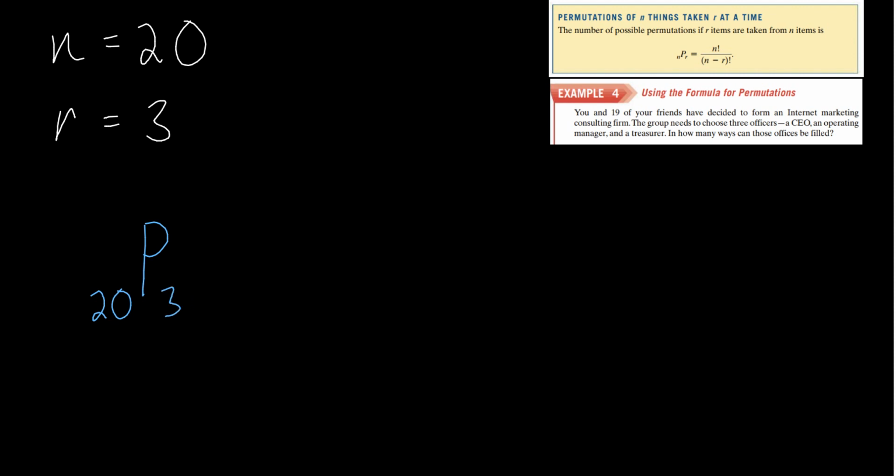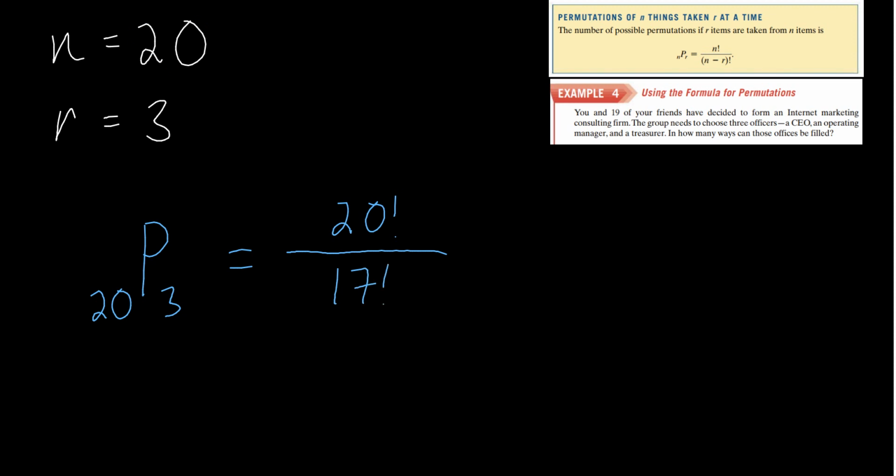And the formula, if we follow along with the formula up there, is n factorial in the numerator, so 20 factorial, and then the denominator is (n minus r) factorial. Well, n minus r is 20 minus 3, which is 17, so you have 17 factorial in the denominator.